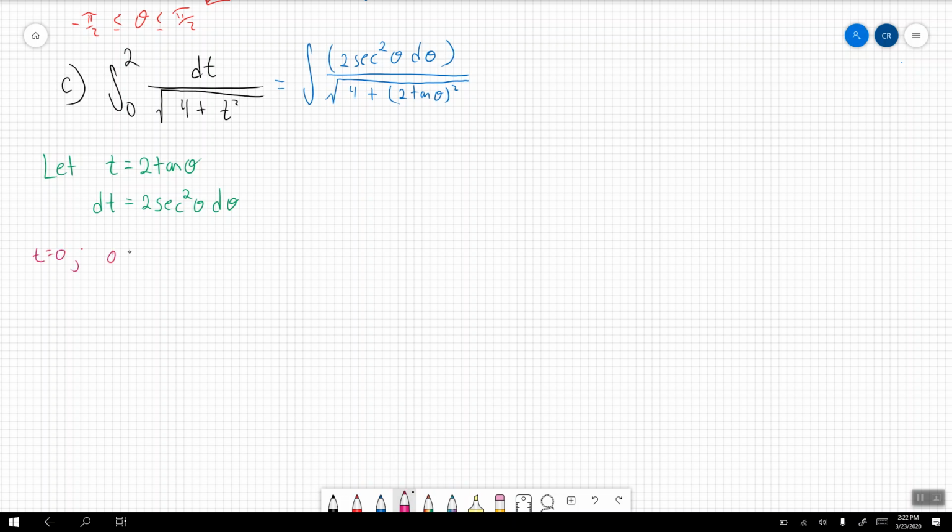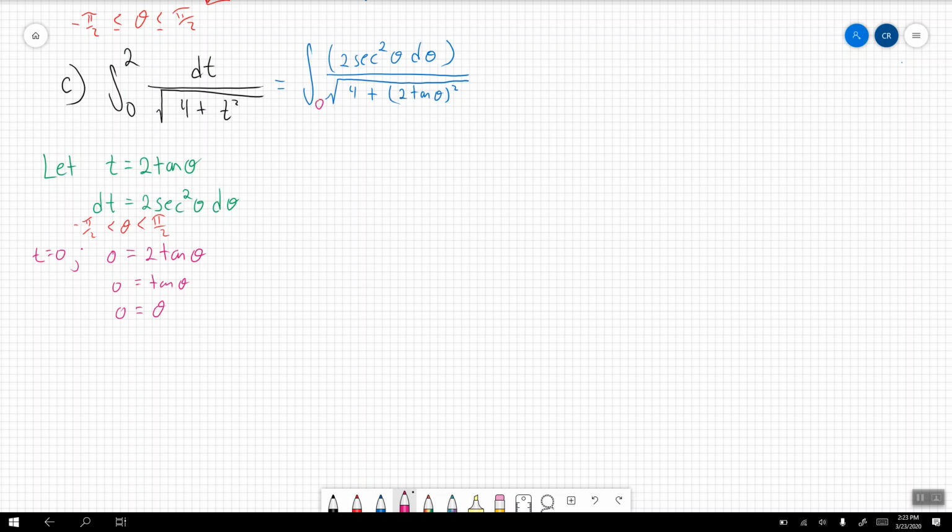we get that 0 is equal to 2 tangent of theta, which means 0 must be equal to tangent of theta. Remembering your restrictions, theta, let's write it here, theta is bounded between negative pi halves and pi halves. In other words, first and fourth quadrant. Which means that for this first substitution, theta must be 0.